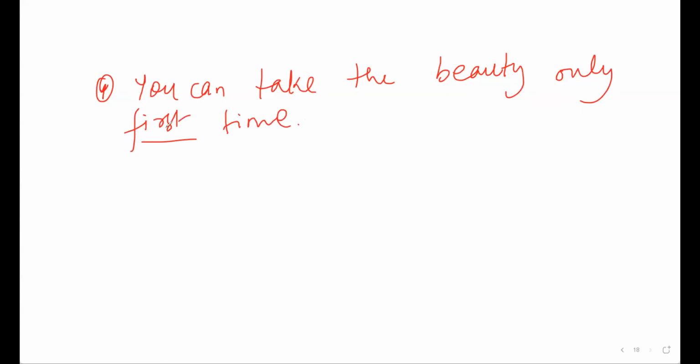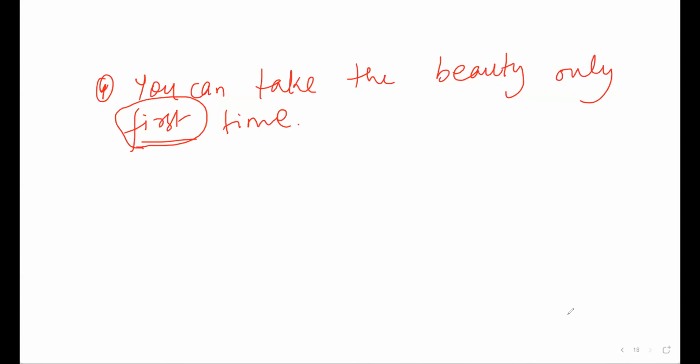I need to take care of whether I have visited this city or not. If I'm visiting this for the first time, I'll take the beauty. Recursion, so we don't need to bother about recursion.